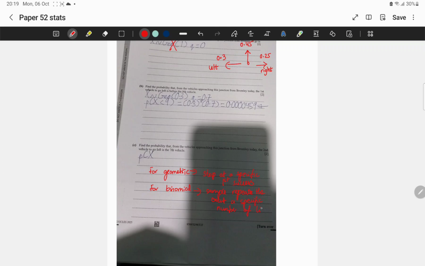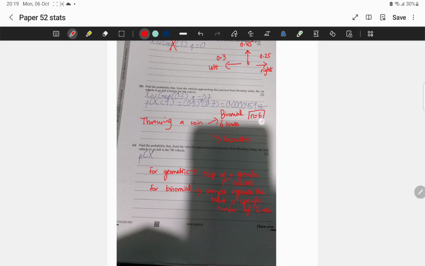I'll take an example. Let's say I'm throwing a coin. How can I turn this event into a binomial? And the same way I can turn this same event into a geometric, but it's not the same. For a binomial, I will say let's say I throw the coin 6 times. So the amount of times that I'm throwing the coin is fixed, n equal to 6.